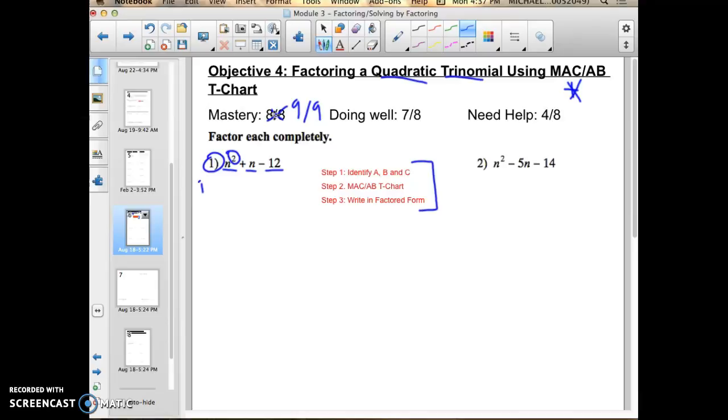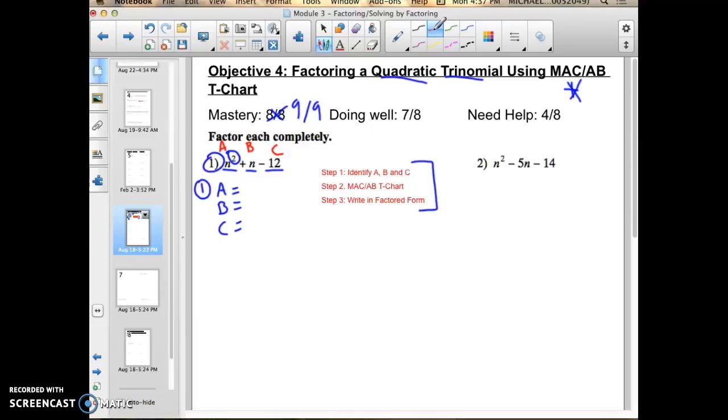The first step is to identify the A, B, and C terms. If you remember from previous videos and previous learning, number 1 is written in standard form quadratic, ax squared plus bx plus c, where this is the A term, the B term, and the C term.